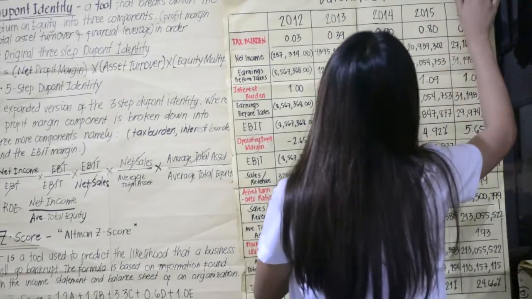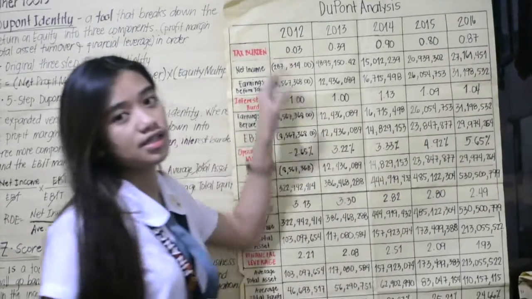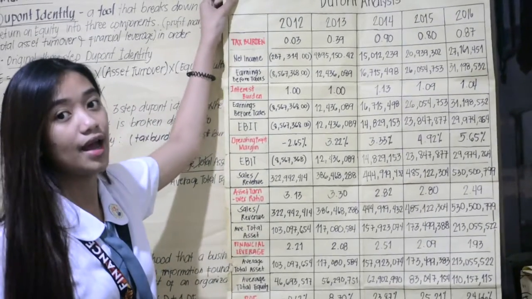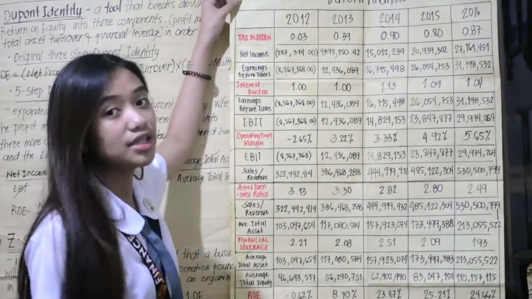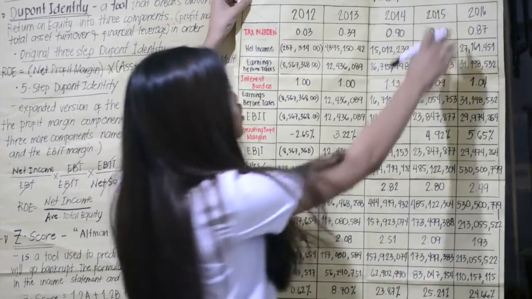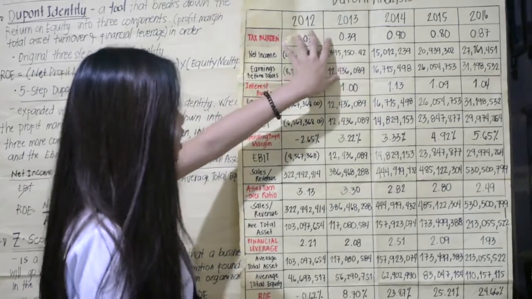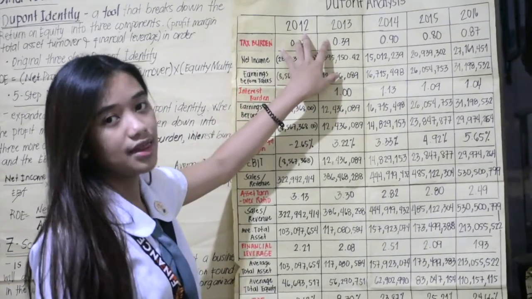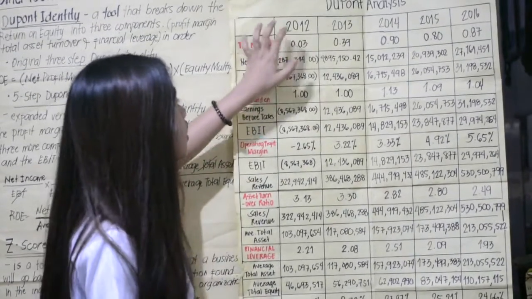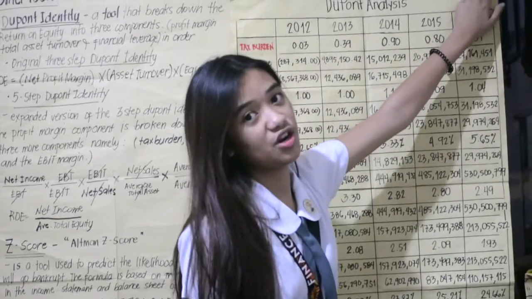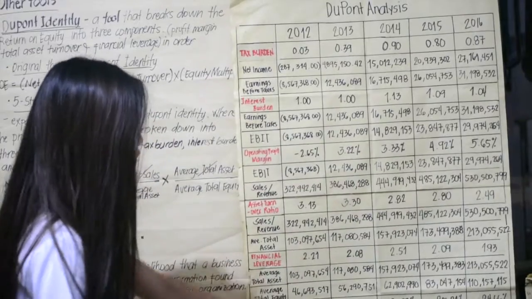So this is the sample format in doing a DuPont analysis that we can present in our financial plan. The years are presented from least to highest, from the earliest year to the latest year.